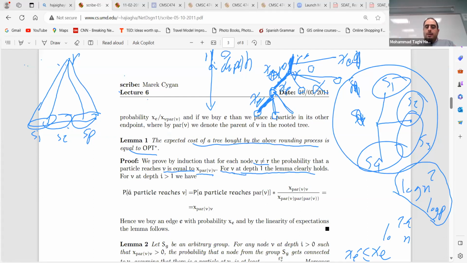So now for lower vertices, the probability that a particle reaches V is equal to the probability that it reaches the parent of V, times the probability that from the parent it comes to this one.